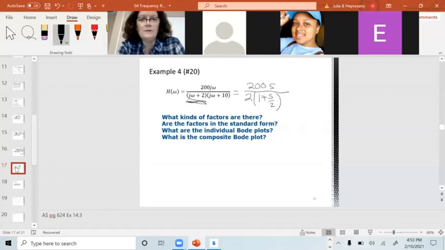Put it in standard form first. I'm going to have to factor a 10 out of that second term. I'm going to take that 2 and multiply it by 10, and it will be 1 plus S over 10. Put it in standard form first. Now I have to take all the numbers out front. 200 divided by 20 is 10.